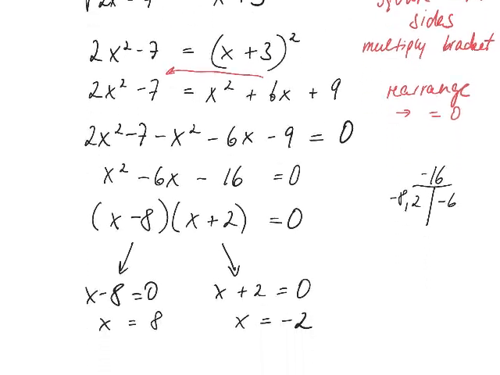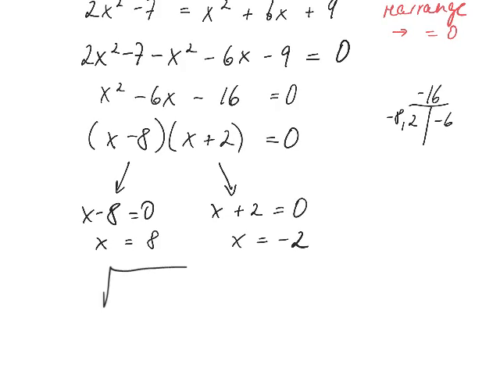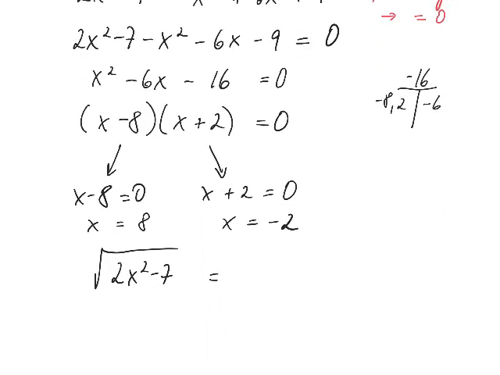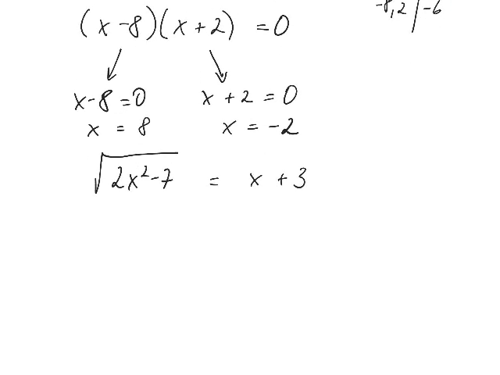So let me write the original equation again: the root of 2x squared minus 7 equals x plus 3. I need to check both solutions. So let's try 8 first.